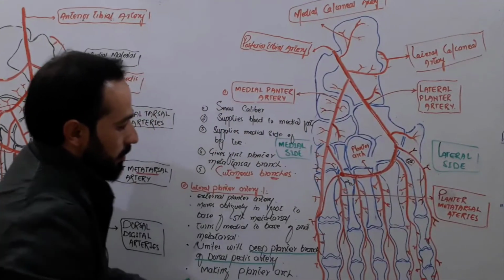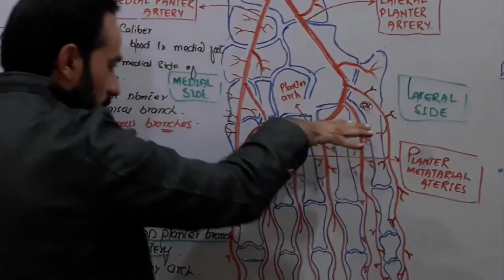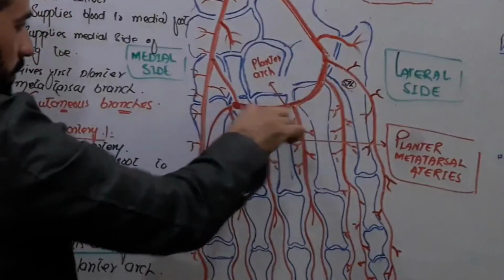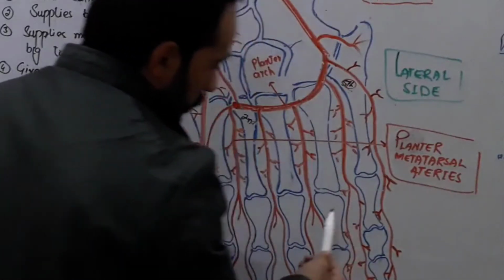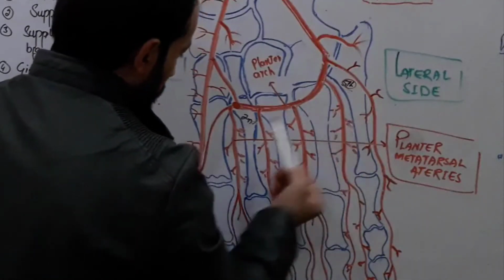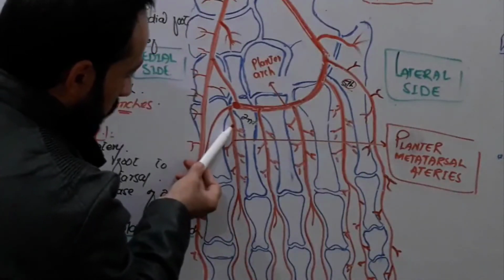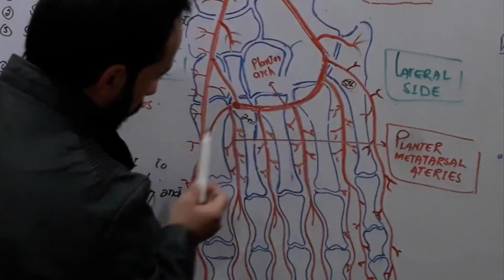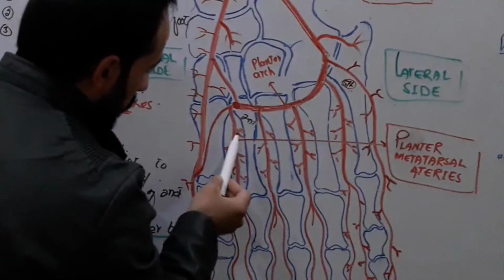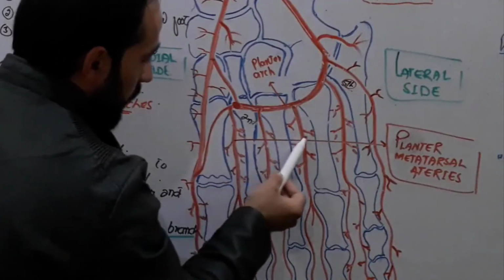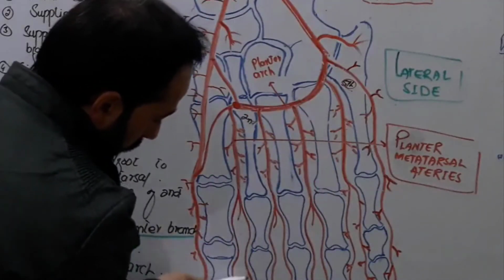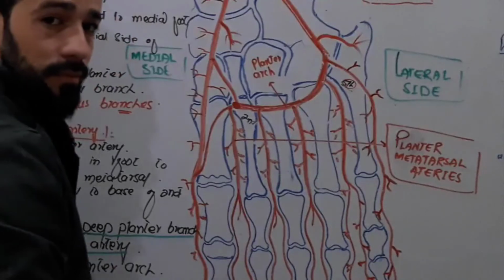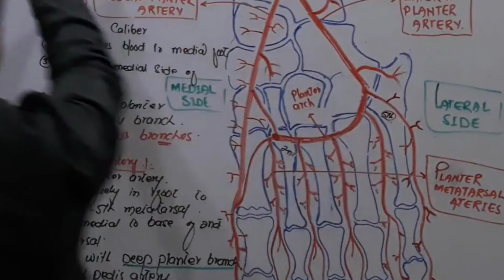Clear, friends? So the plantar metatarsal arteries are the branches of the plantar arch, right? And each of the second, third, fourth, and fifth, or we say the first, second, third, and fourth metatarsal branches, gives off further two branches. Clear, friends? Let us know about this diagram here.